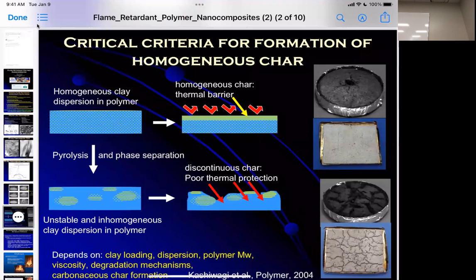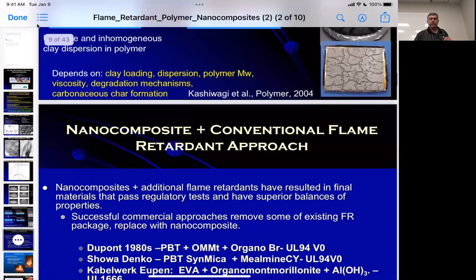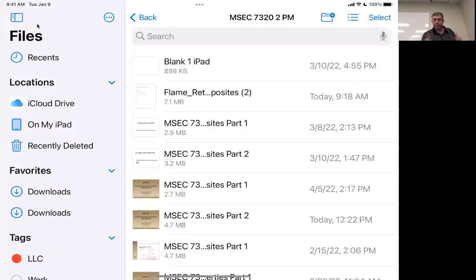And you'll see that there's a lot of disproportionation in the char, a lot of cracking, and a lot of places where the material was burned through. So this slide I thought was really cleverly done and showed a lot about that. Okay, so the rest of it is not something I want to work on, but I wanted to show that one slide because I thought it was really good.